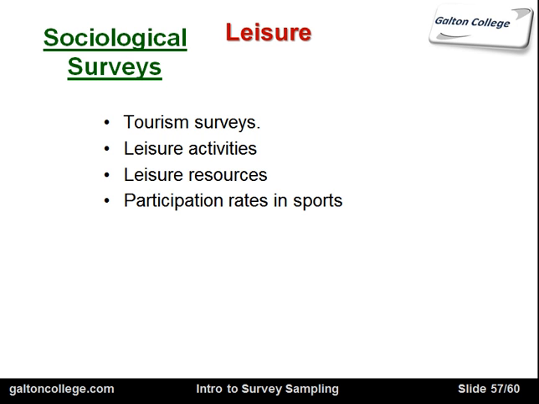Are there enough golf courses, or are there enough tennis courts or swimming pools, or whatever? What are the resources? And indeed, what are the participation rates in sports? How many people participate? What proportion of the population actively participates in sports?